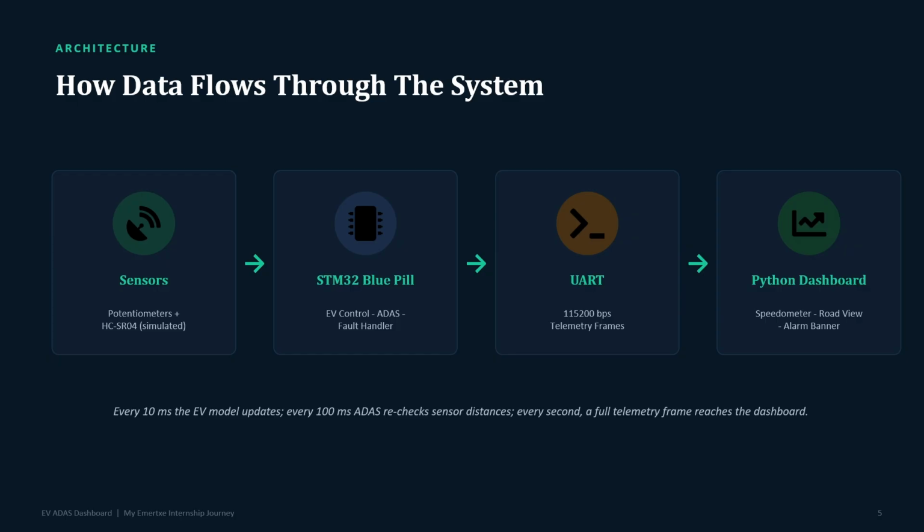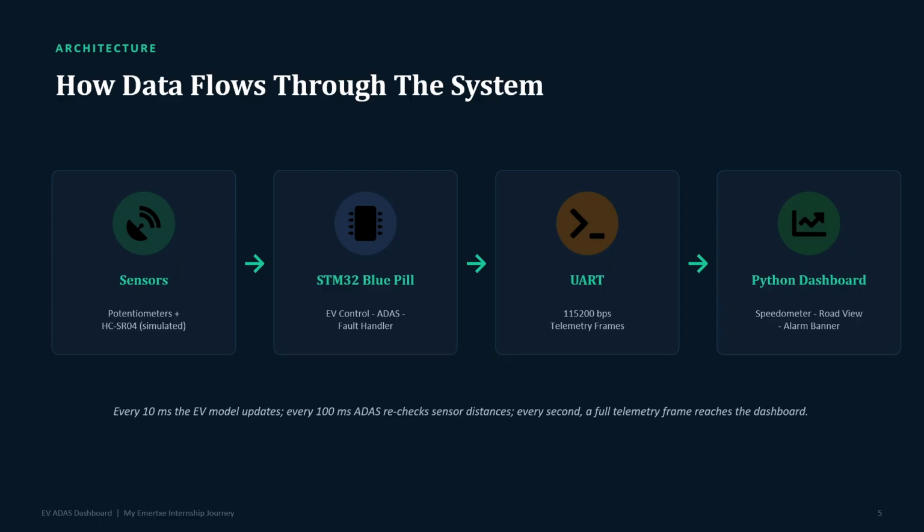Okay, now let's see how the complete system actually works. The accelerator, brake, and ultrasonic sensor inputs are first read by the STM32 Blue Pill, and then inside the firmware, the application is divided into separate modules responsible for EV control, ADAS decision making, and fault monitoring.